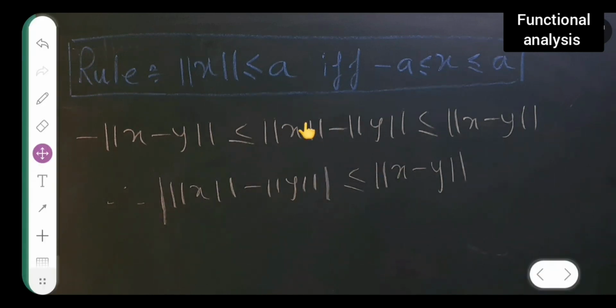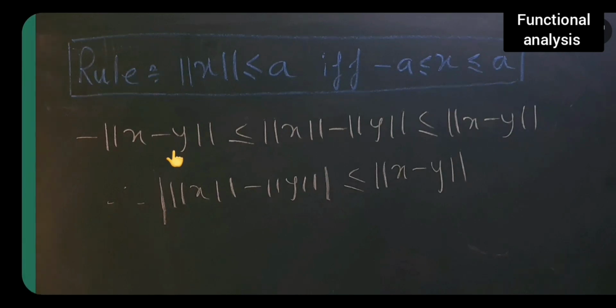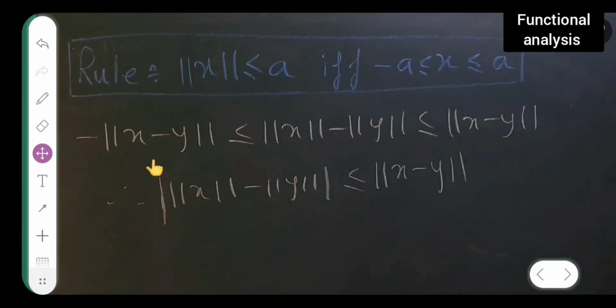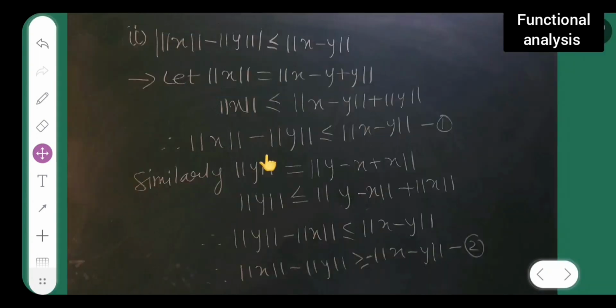So now this is what: |x| is less than or equal to a if and only if −a is less than or equal to x, and x is less than or equal to a. So here, −||x − y|| is less than or equal to ||x|| − ||y||, and this is less than or equal to ||x − y||, that I have written over here.